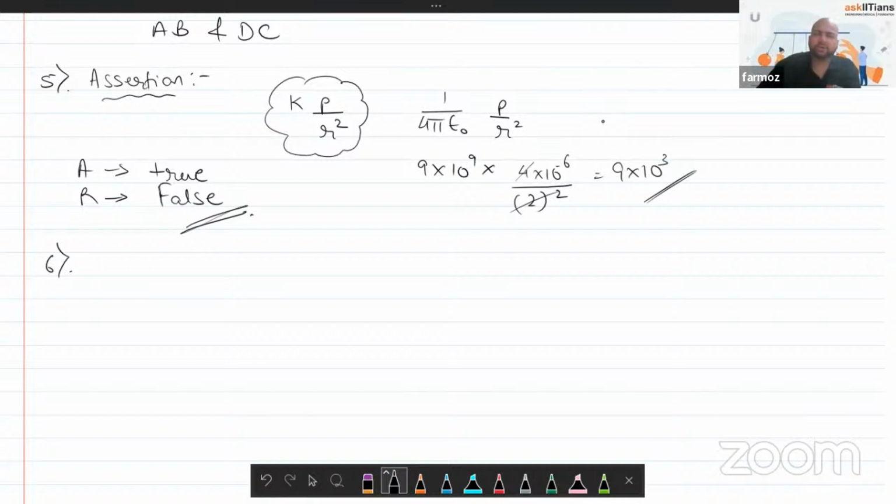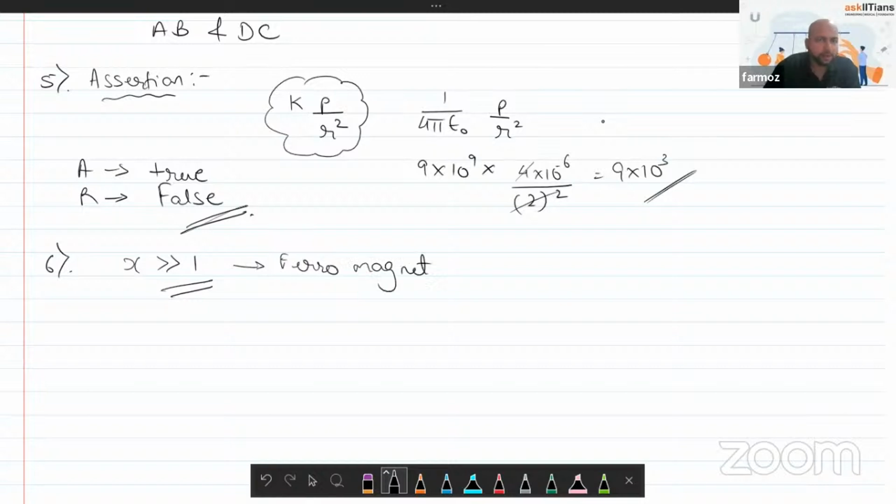Now see, first of all, if chi is much greater than 1, obviously this belongs to a ferromagnetic material.